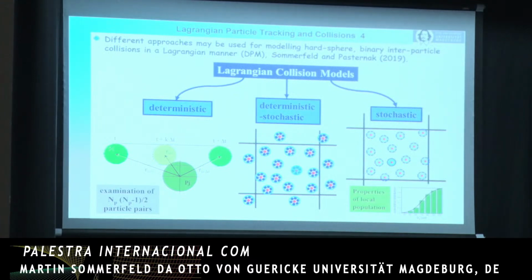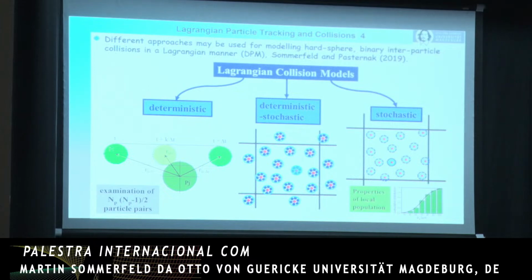We just need to know cell-based information on the size distribution of the particles, on the size-velocity correlation of the particles. I will show you. So when we track this particle, we randomly generate a collision partner out of this cell based on these properties.